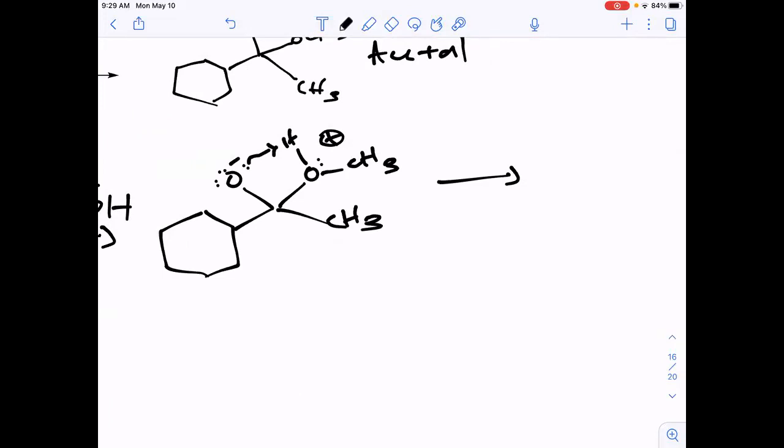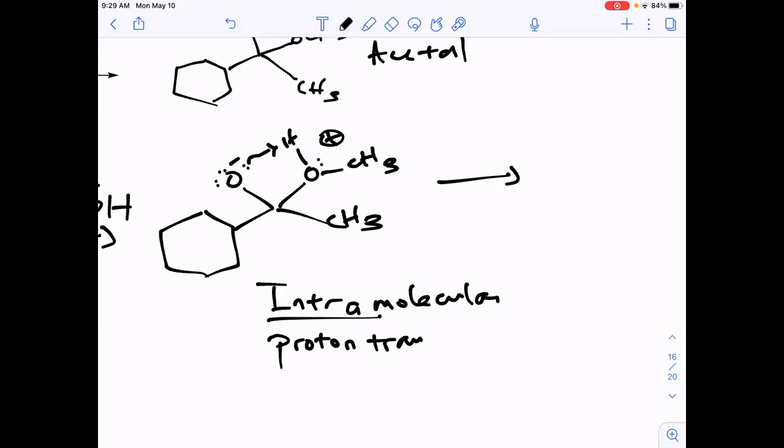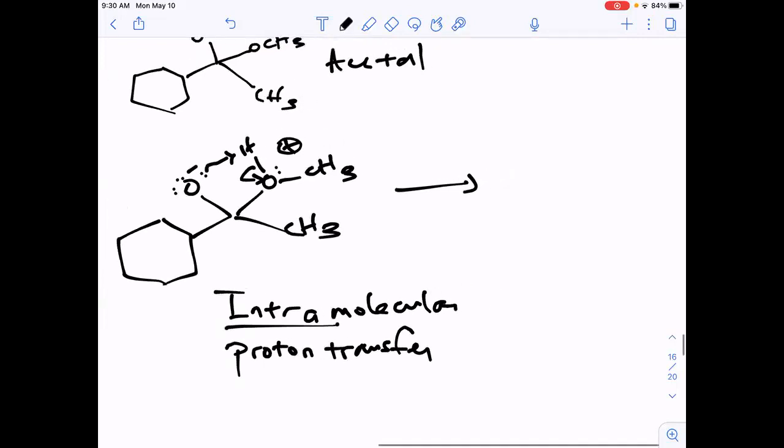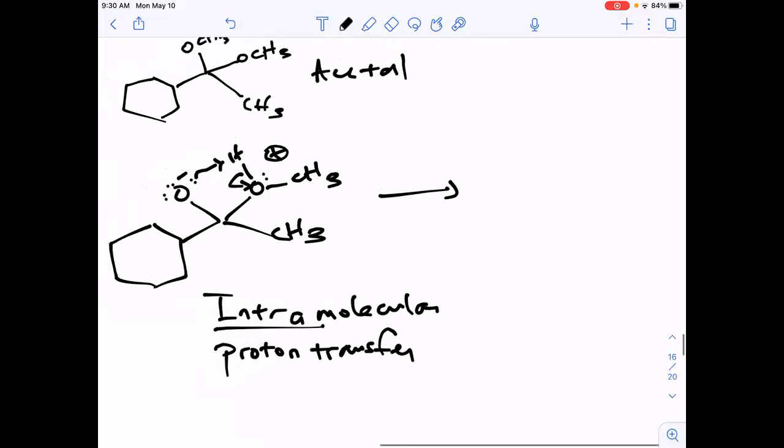Intra. Yes. So it's an intramolecular proton transfer. You pull off the proton from that OH, and the electrons in the OH bond go back to oxygen. So that's how I get to the hemiacetal.